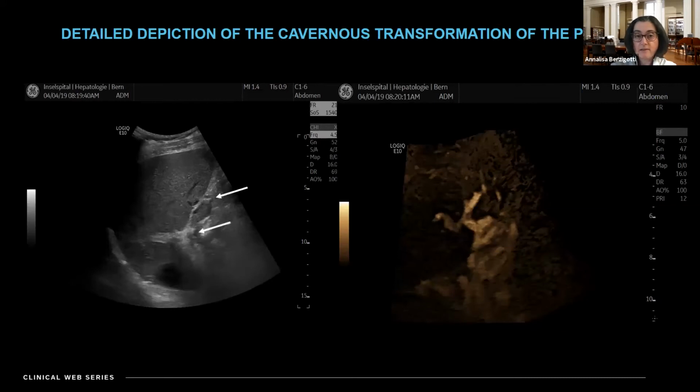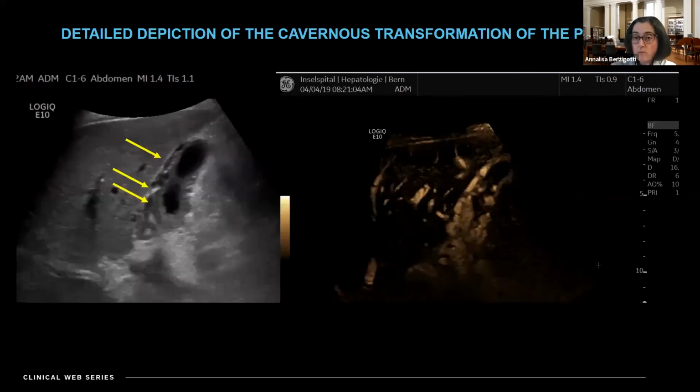And you can see that using the B-flow imaging technology, you have a fantastic depiction of the cavernous transformation vessels, which clearly are directing, in this case, in the direction of the gallbladder, and which you can see much better with B-flow imaging into the gallbladder wall, which is an aspect that you could, of course, suspect on the standard B mode.